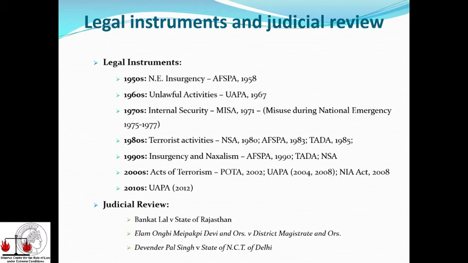Again in the 1960s, Naxalism got its initiation. Besides it, there were many unlawful activities and groups directly challenging the authority of the state and the central government. In order to handle that situation, the Unlawful Activities Prevention Act 1967 was enacted.